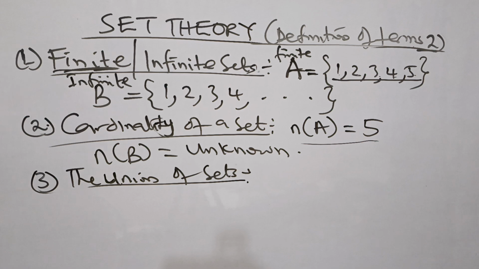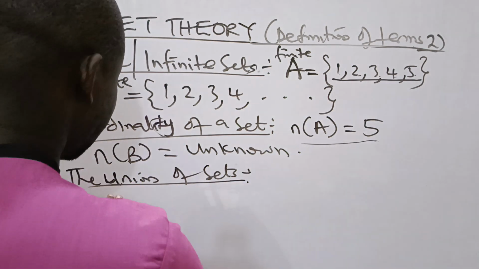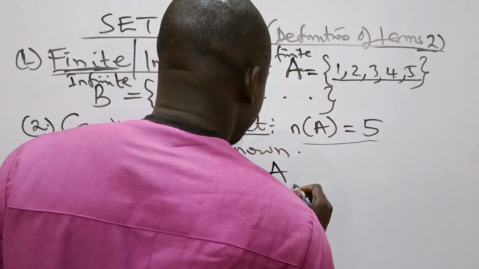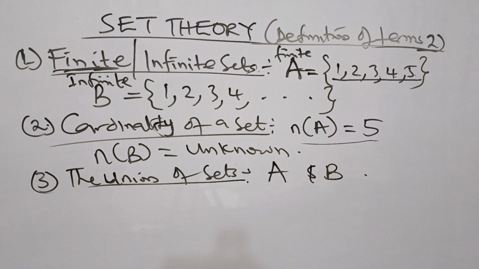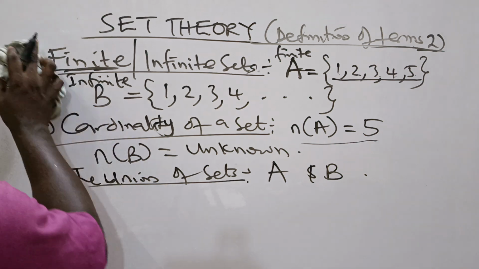Given two sets A and B, the union of the two sets A and B is the set which consists of elements that are in A or B or both.